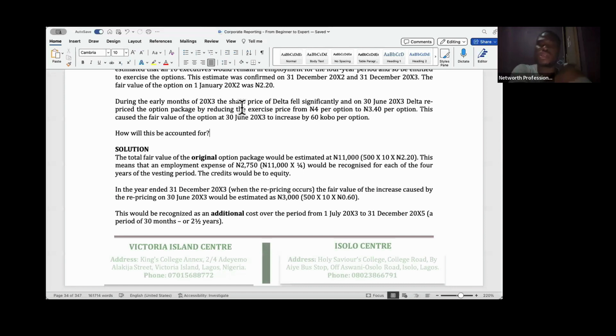They will just tell you that as a result of modification, the fair value of the share option has increased by this amount. So is that increment what you need? Please, let's focus on that so that we won't be dwelling on what does not matter.